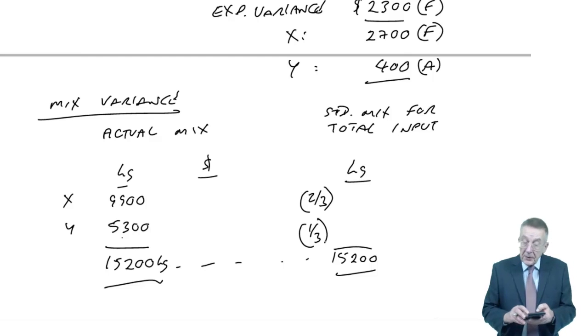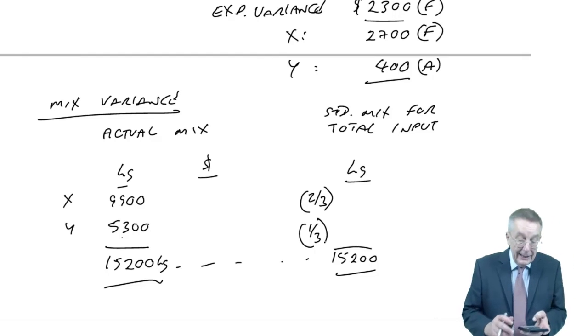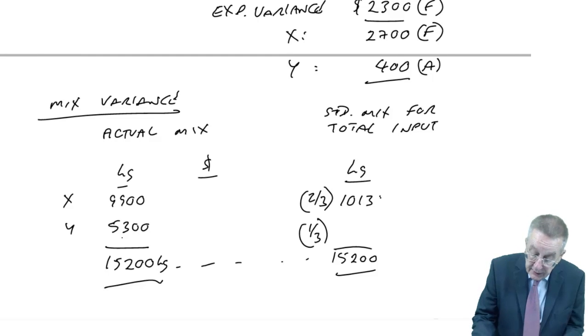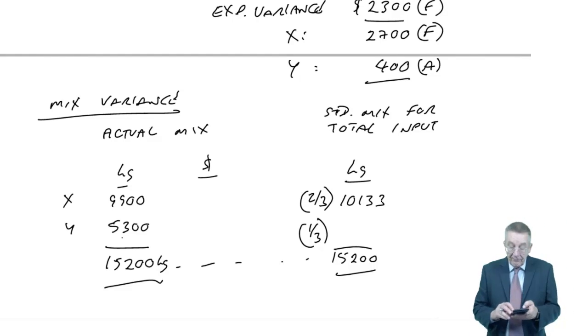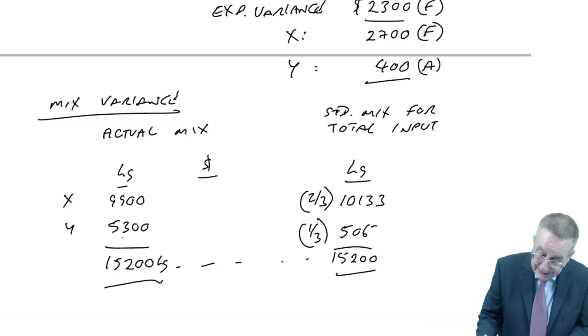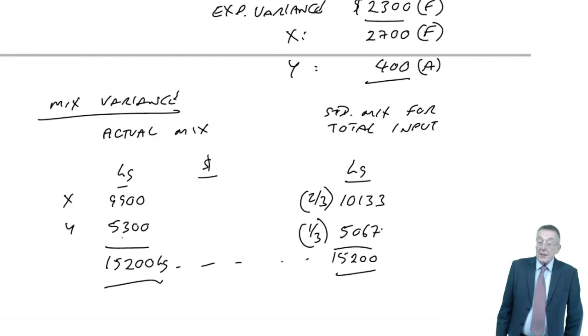And so what should we have bought? X, 2/3 of 15,200. I could have chosen nicer figures, but anyway, 10,133. And Y, 1/3 of it, 5,067. And you can see immediately what's happened.